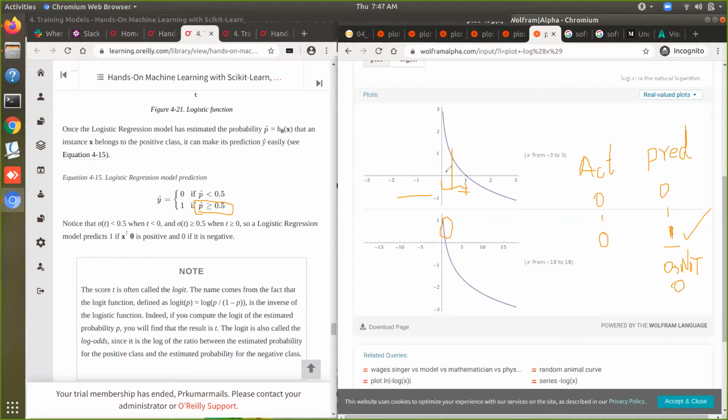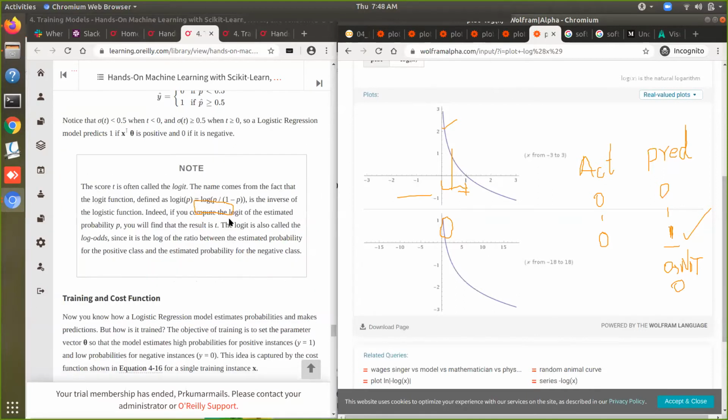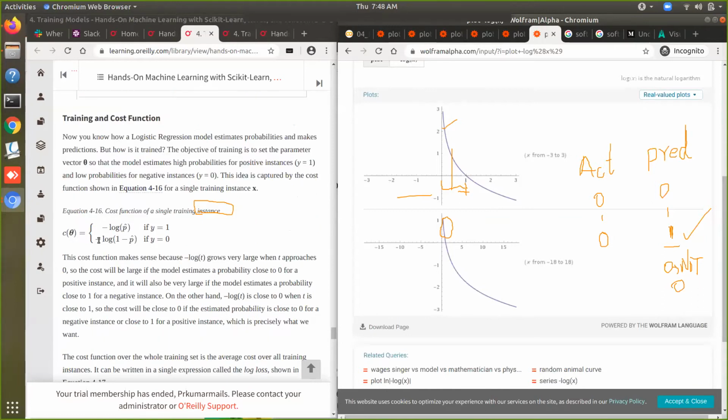If we compute that score, we see that our cost is a positive value. Accordingly, we have defined it for this case. That's why we do the negation of log of 1 minus the probability. Okay, so let's see the other case.